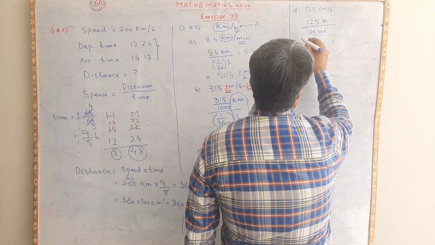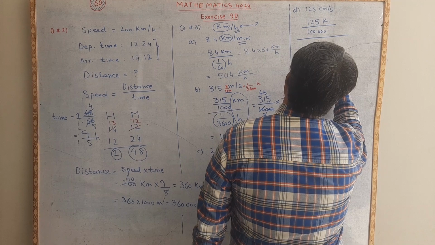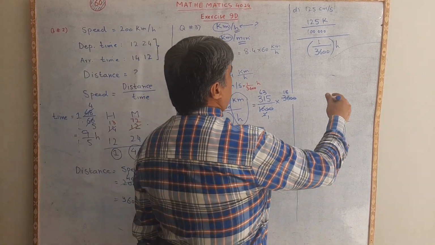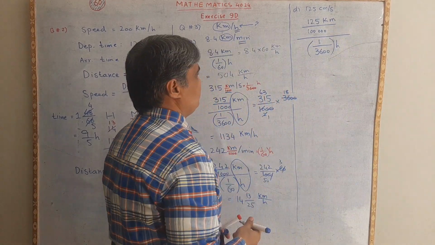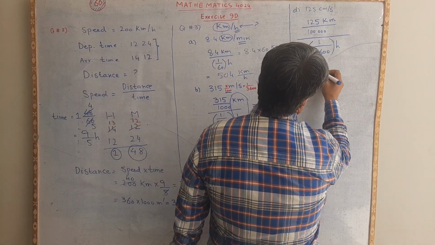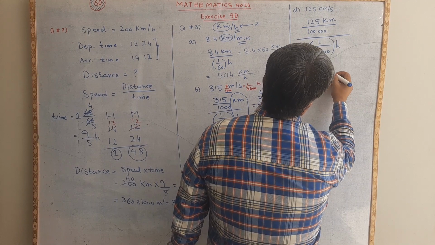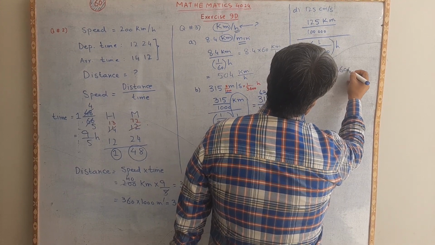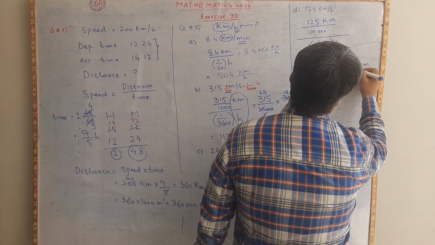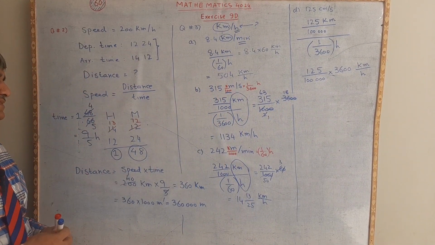And in 1 second again we are having 3600 hour. So it will be kilometer. And then next is the simple calculation, that is 100,000 multiplied by 3600, and you have to write kilometer per hour with it as well.